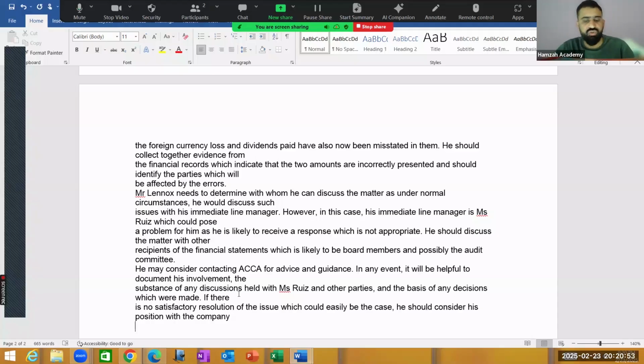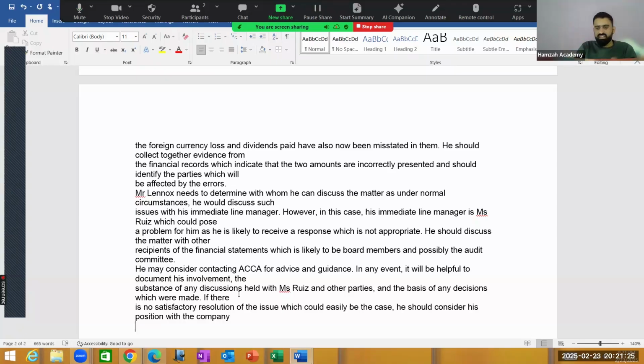So in this question, you can see how we have written and how we express the ethical issue here. And the ethical issue, again, surrounds objectivity and integrity, professional competence, due care and confidentiality. And the threats to those principles may be due to self-interest, or due to intimidation, which Ms. Ruiz is doing with Mr. Lenonix, threatening him that he may be dismissed from the job.